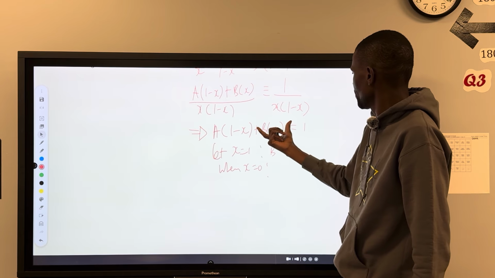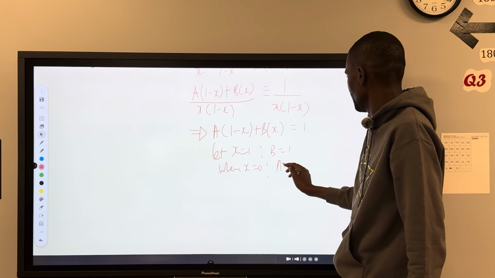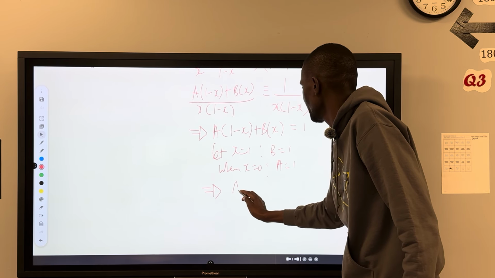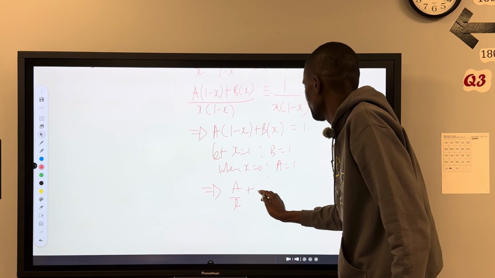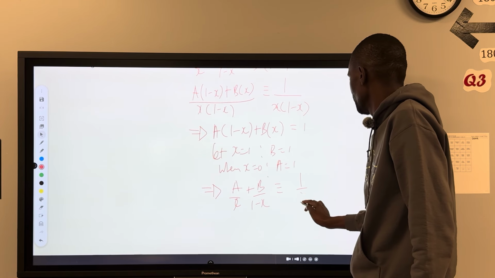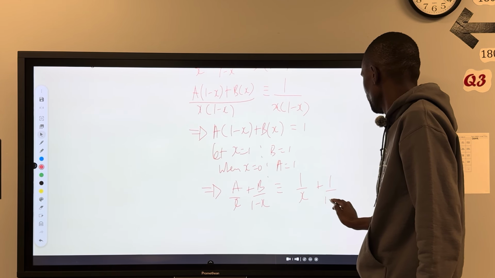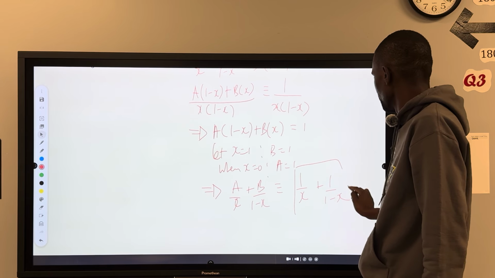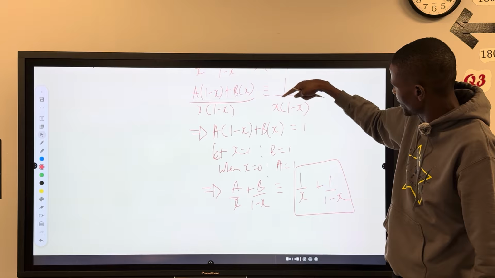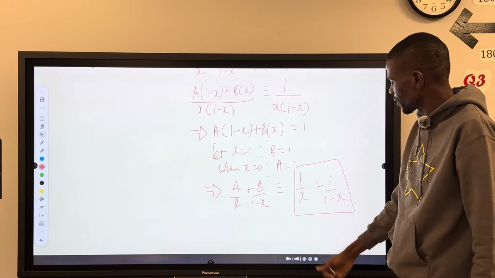When x is equal to 0, this one disappears, so A = 1, which implies that A/x + B/(1 - x) is the same as saying 1/x + 1/(1 - x). So we are going to replace this expression with these two expressions.